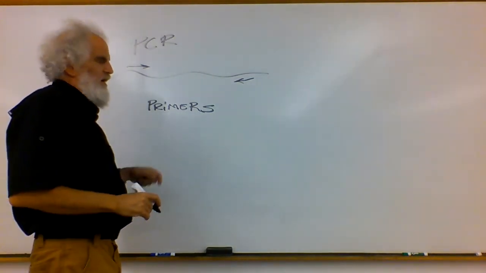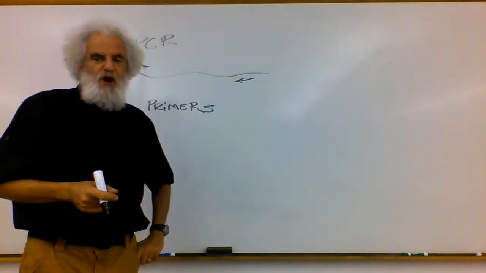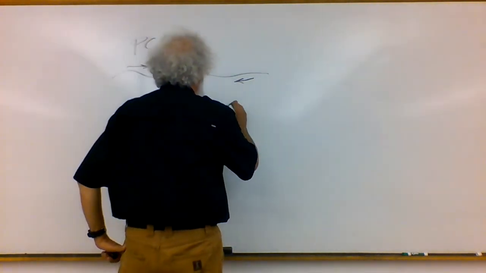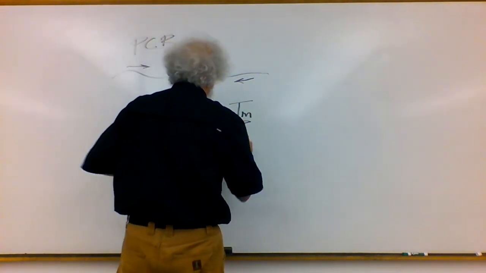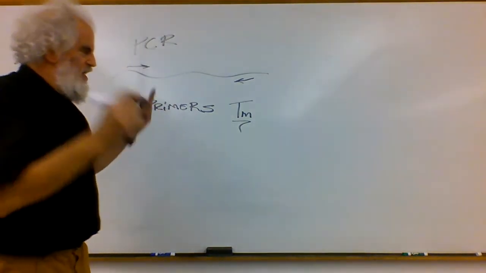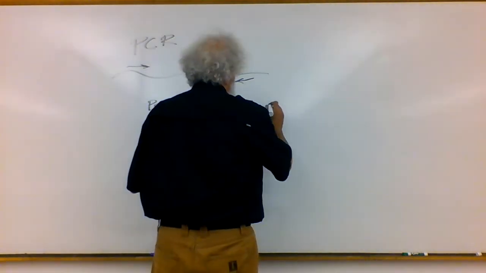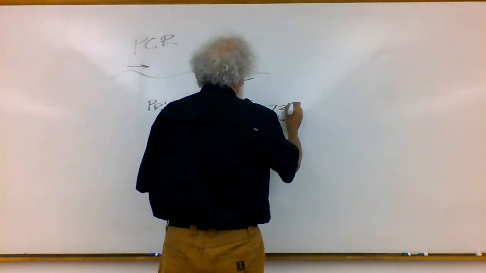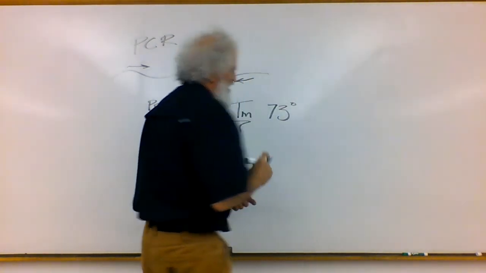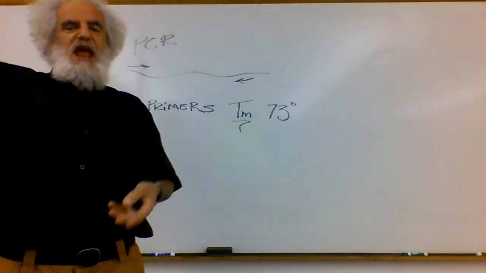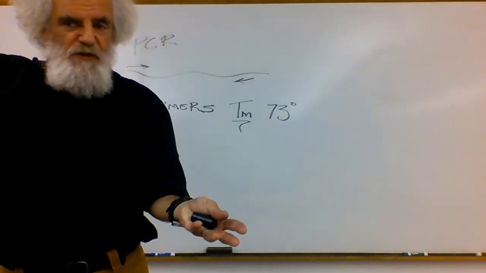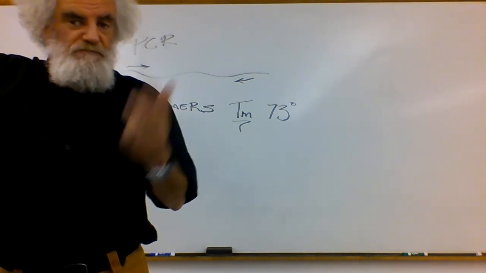And the manufacturer of the primer, they'll do a quick calculation, and they will tell you what the TM for your primer sequence is. And so it might be 73 degrees. And they'll determine it based on the sequence and using a standard salt solution that is sort of the PCR primer buffer, and that they can give you that.